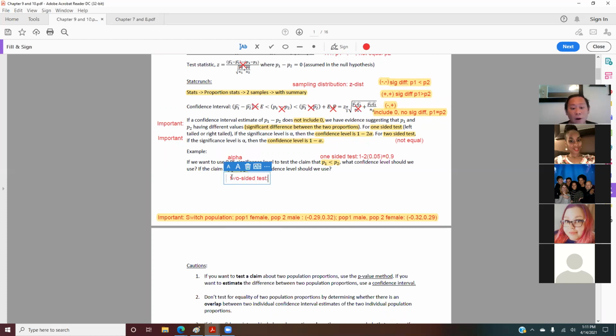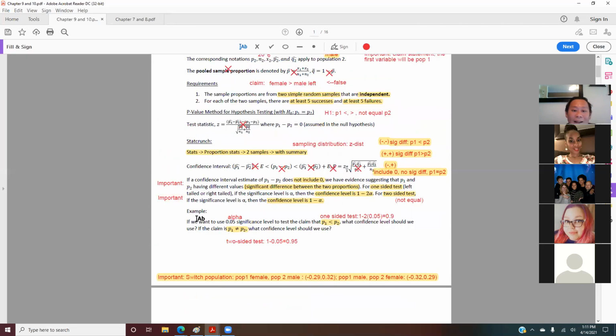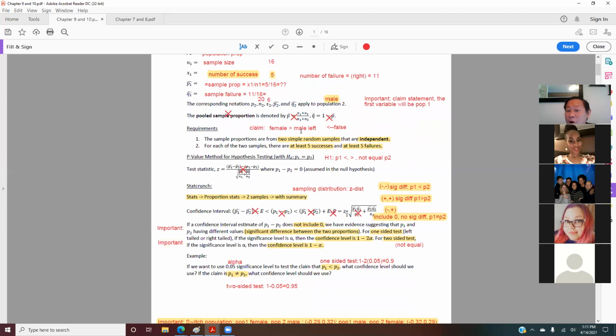So in order for you to figure out the confidence level, you have to do 1 minus alpha, which is 1 minus 0.05. Anyone know what 1 minus 0.05 is? 0.95, yes.